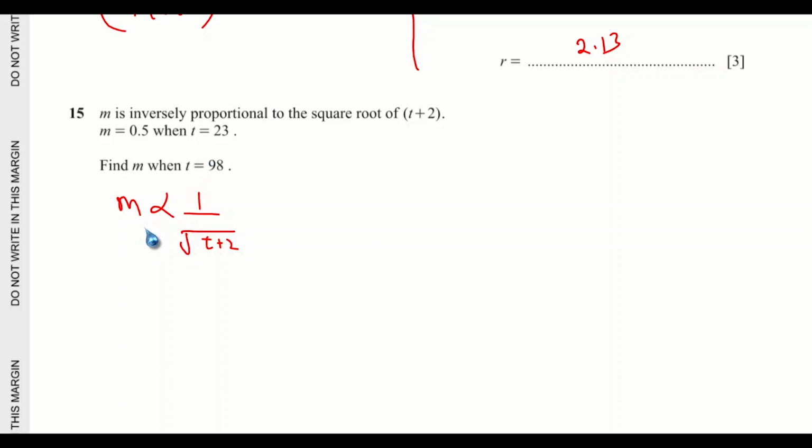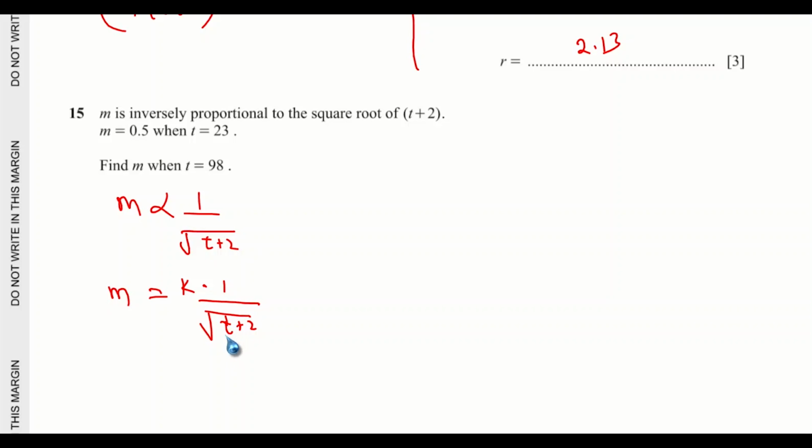So m equals k times 1 over the square root of t plus 2.